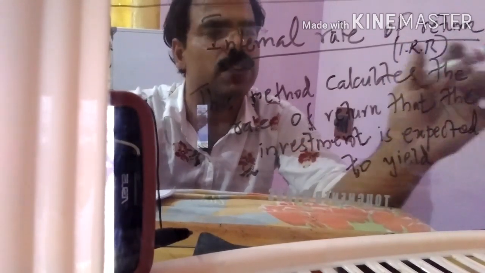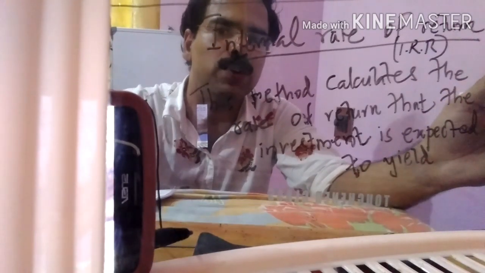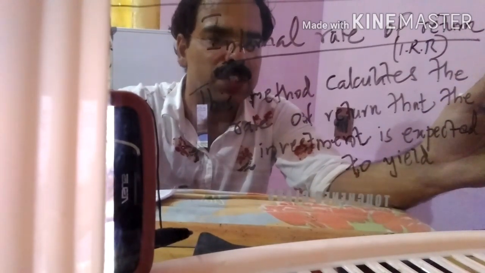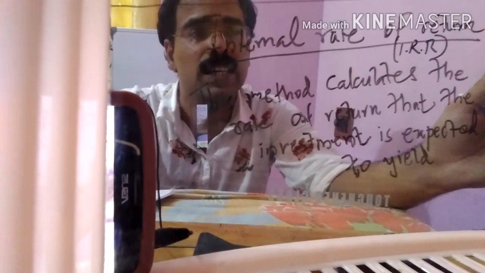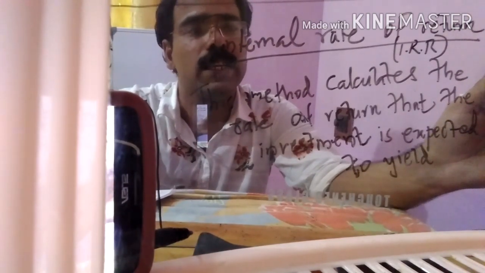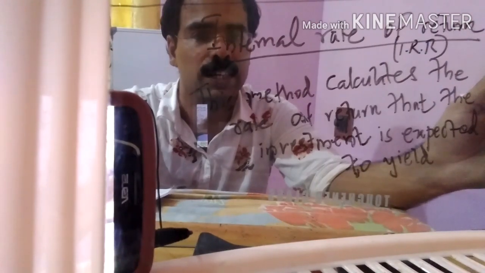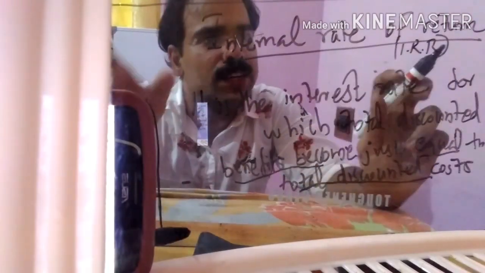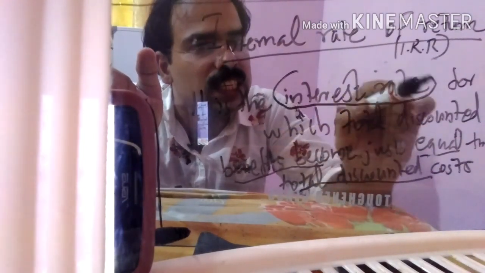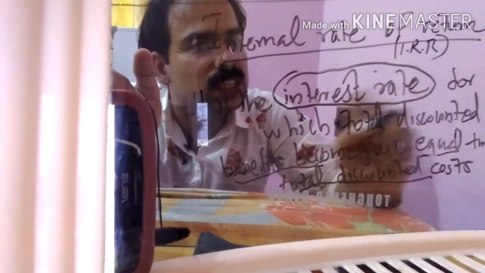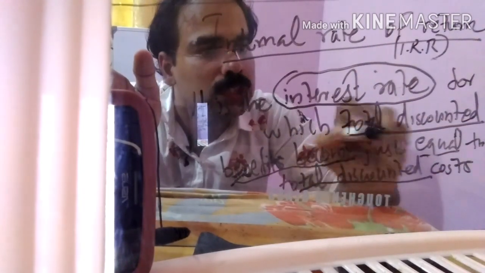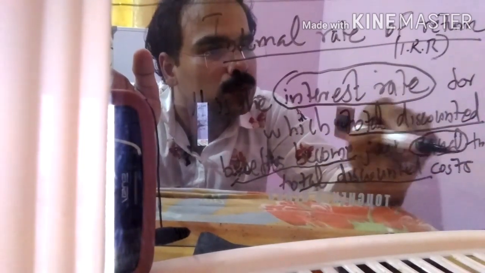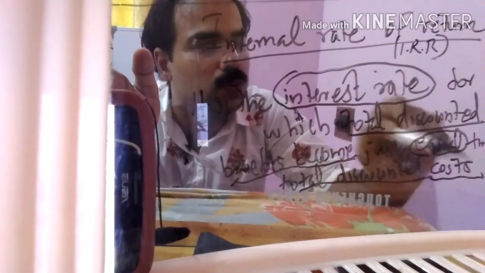So what will be the rate of return required in order for the initial investment to be expected to yield? That is explained by internal rate of return. So internal rate of return, actually it is the interest rate for which total discounted benefits become just equal to the total discounted costs.